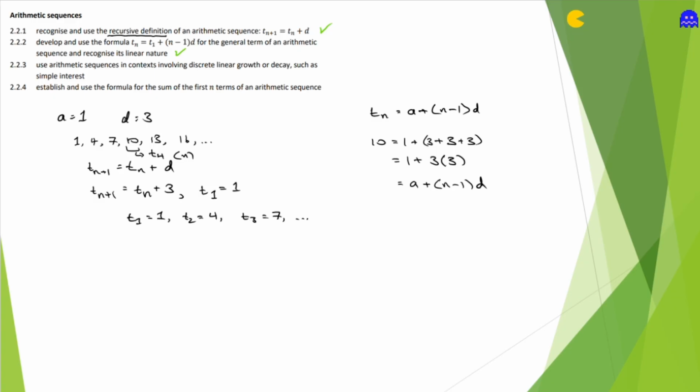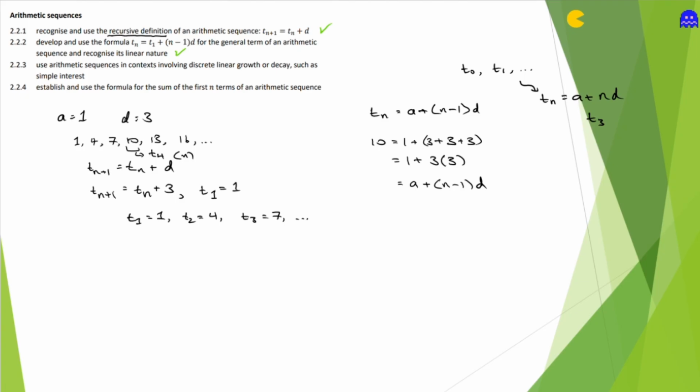It should be noted as well that if we define our arithmetic sequence in terms of t0, then t1, and so on and so forth, then in that case we would write our general term tn as a plus nd, because in this case the 10 here is actually our t3 term.